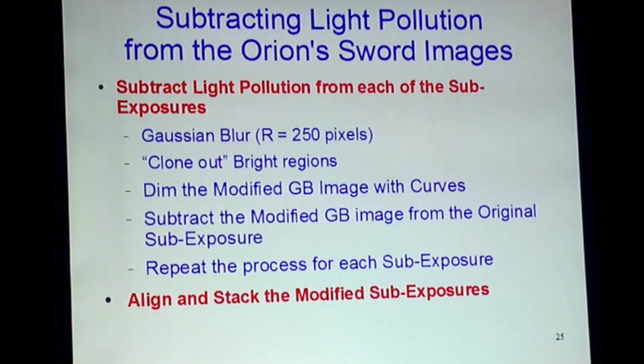There's no recipe for that, but use your judgment. Obviously, any pretty image we get from this whole process is for that purpose only. There's no scientific value in it. You've destroyed more data than you can ever recover in all this stuff. Okay? You dim the thing with curves, you subtract the modified Gaussian blur image from the original, and you repeat the process for every sub-exposure.